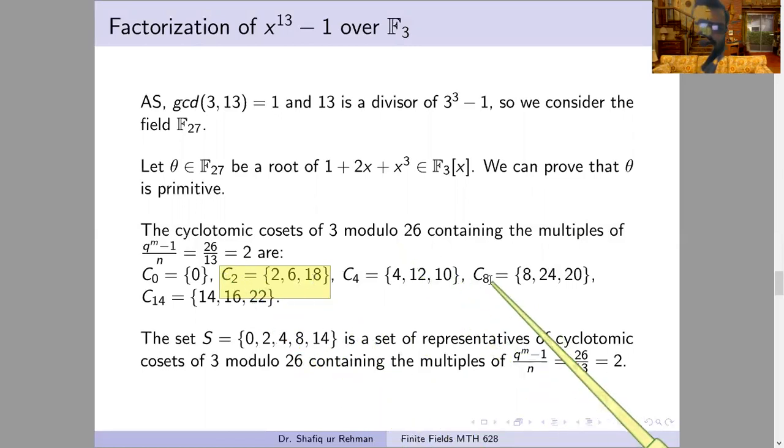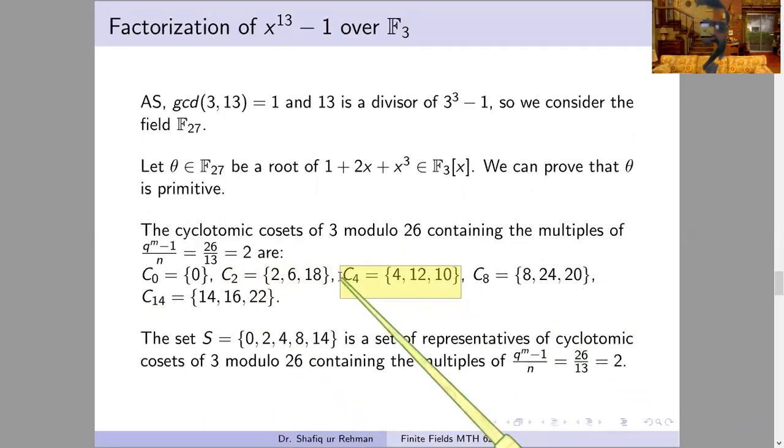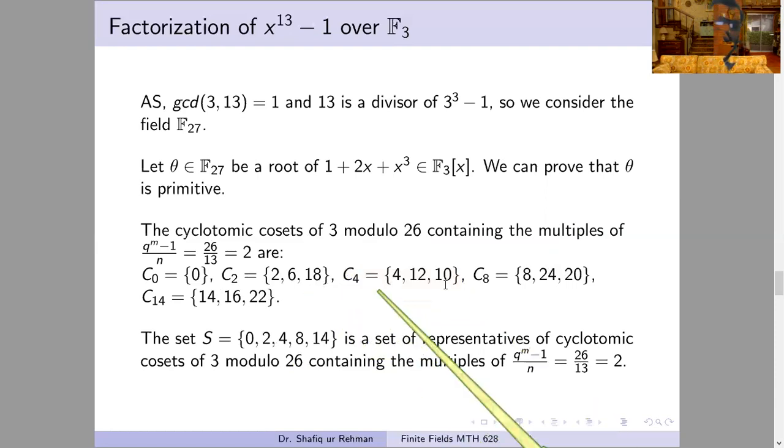Then we take C8, which is {8, 24, 20}. C10 equals C4, so no need to take C10. Then C12 is also equal to C4, and next we take C14.